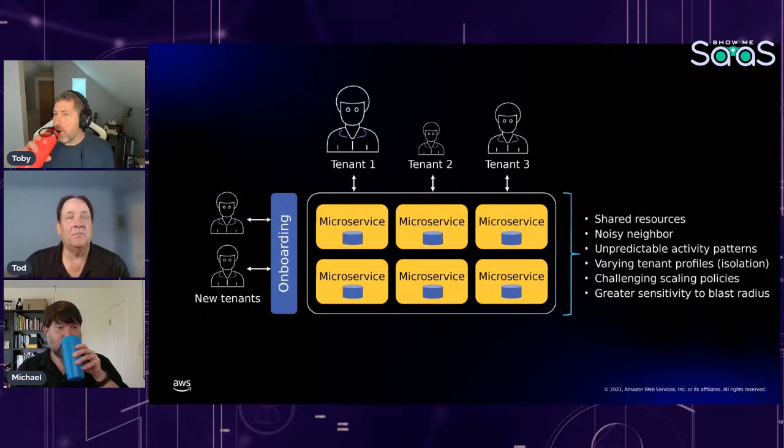I think in non-multi-tenant or classic environments, your load is way more predictable, because it's typically a customer consuming your system, and they have patterns for how they consume it, and their loads are more predictable.